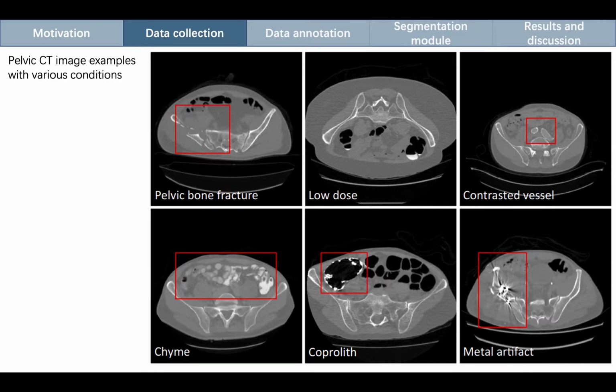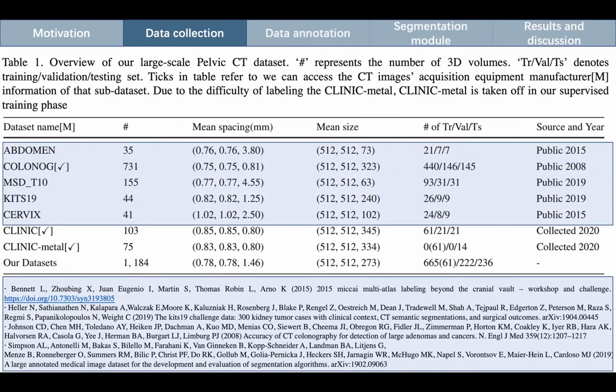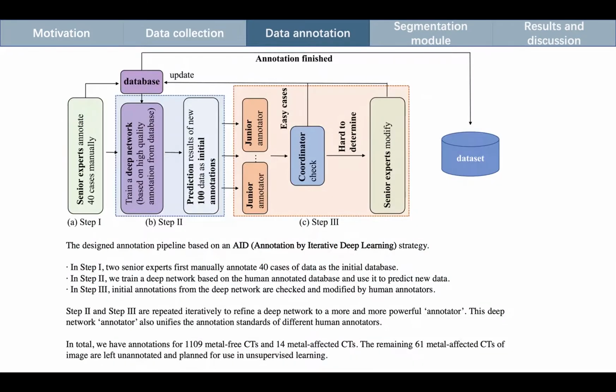Because clinical data collection is relatively difficult, and the distribution of data from one institution is the same, we collected datasets from different sources. Here is some information about these sub-datasets. Five of them are from existing datasets containing different appearance features, and two are from clinical collections.